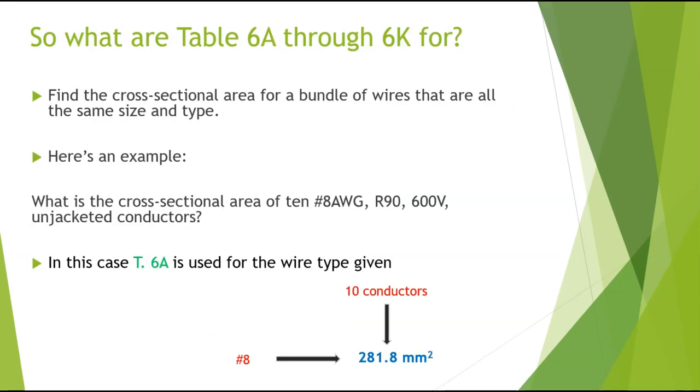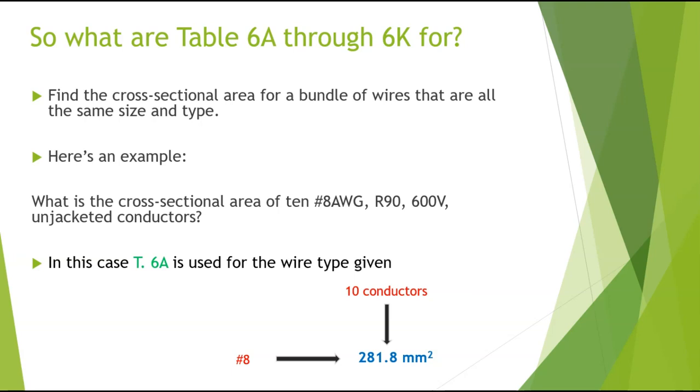Now the very last thing we're going to talk about to do with pipe fill is we're just going to answer this question of what are tables 6A through 6K used for. And the reality is I'll just preface this by saying tables 6A through K don't necessarily ever have to be used.